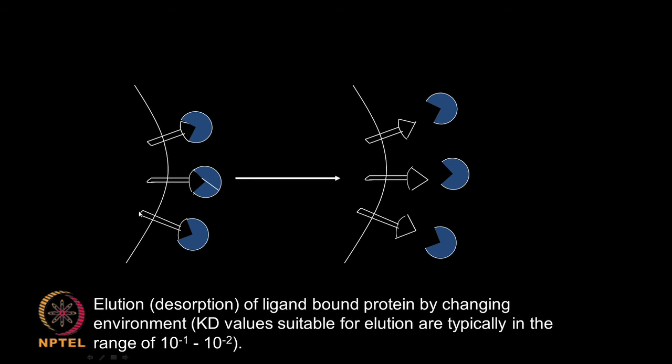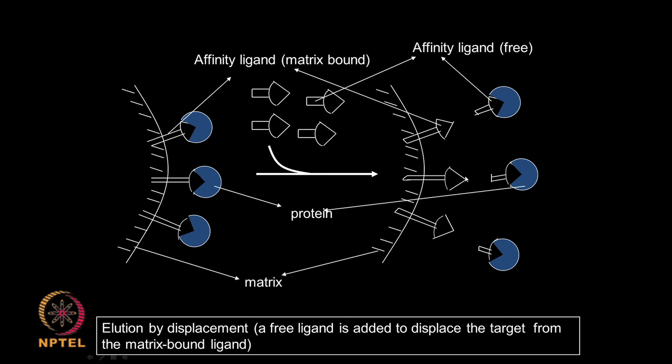For example, I can change conditions, that is desorption of ligand bound protein by changing the environment. So, the Kd value changes. Ideally it should be in the range of 10 power minus 1 to 10 power minus 2 here, so that they get desorbed. So, we can have affinity ligand in the free form.